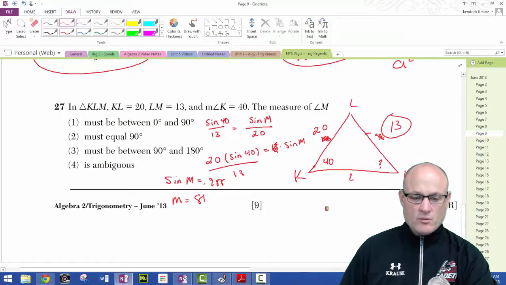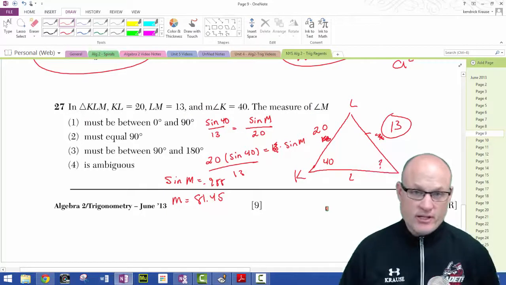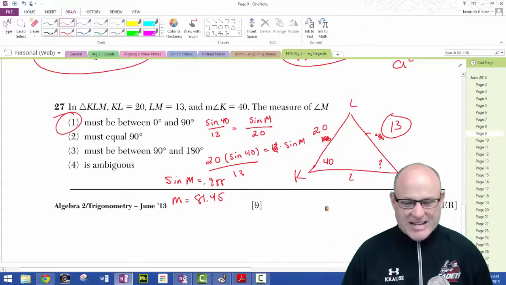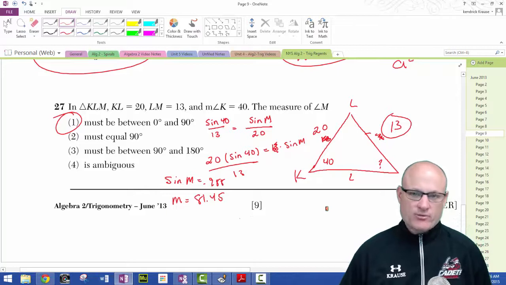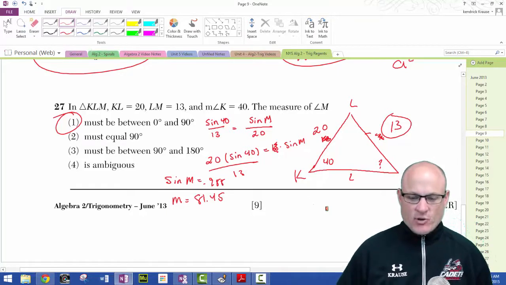So 81.45 degrees. Now, if you are just an untrained, very immature student, you will immediately pick choice 1. It is not the answer. And I will tell you why. This is one of those how many triangles can you make questions, but asked in a different way. So I've got 40 and I've got 81.45. That's 121.